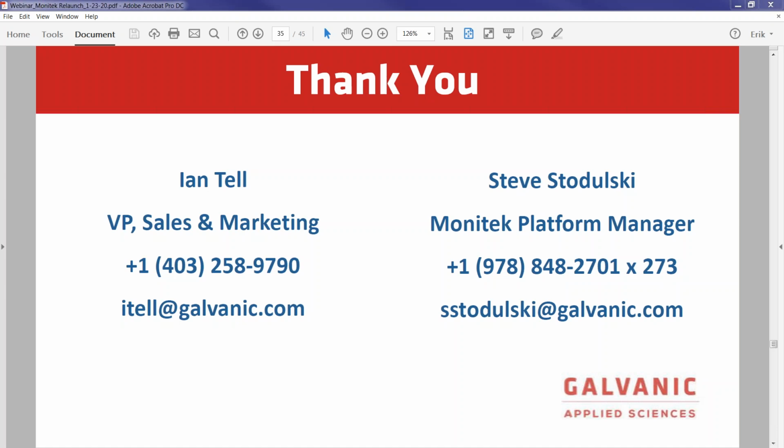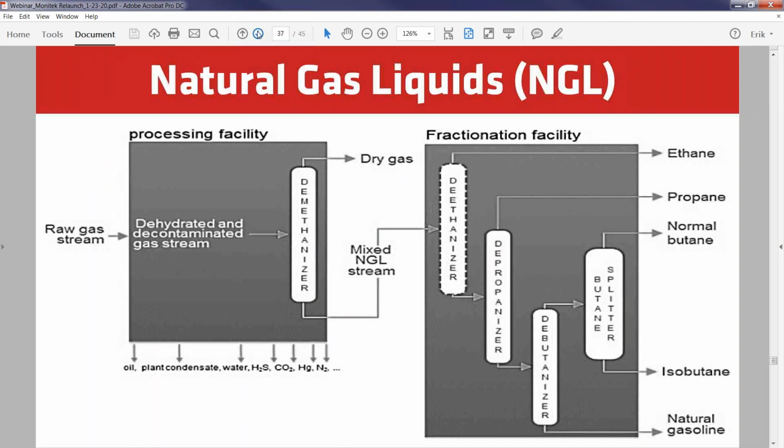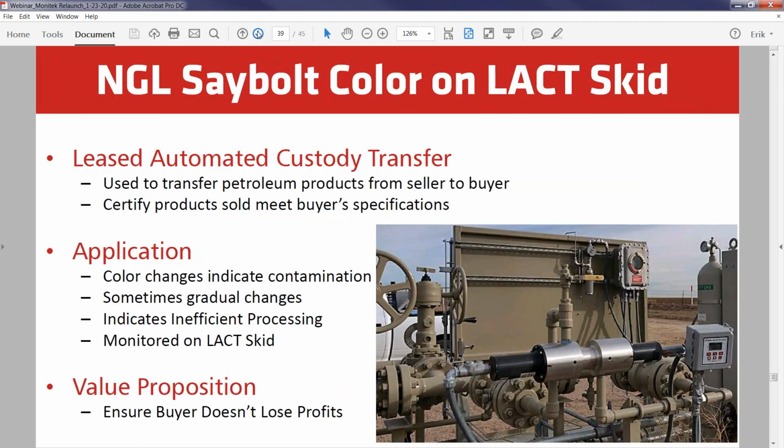Excellent. I'm going to allow Eric to quickly scroll towards the end, and there's going to be a whole bunch of key applications. We're not going to discuss those at this point in time. However, we will be sending everybody who is involved in the webinar today a copy of the presentation so you can take a look through it.